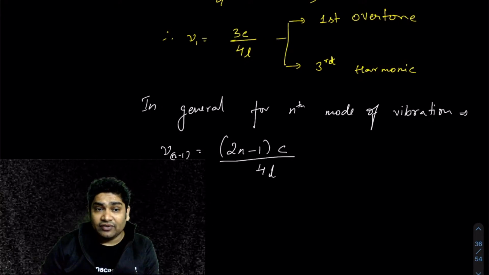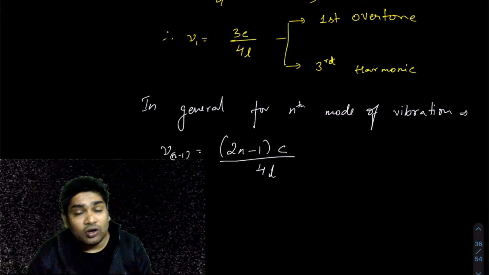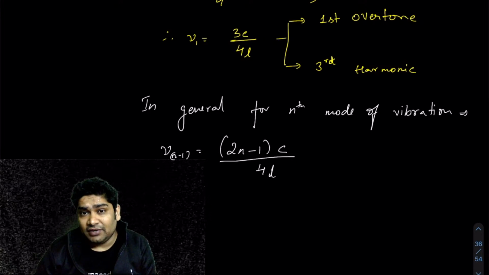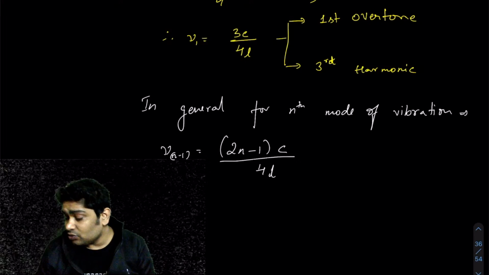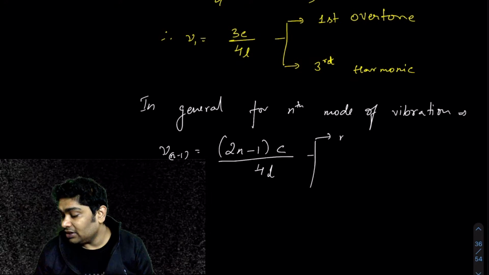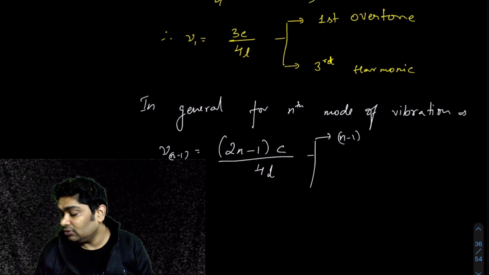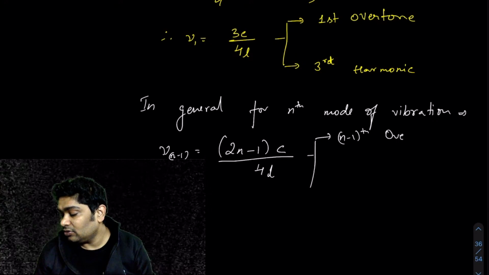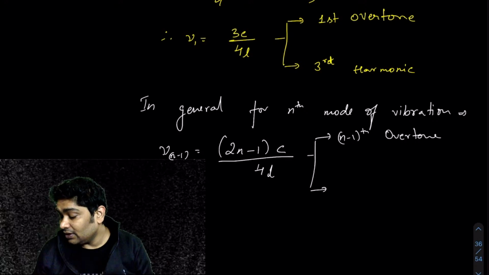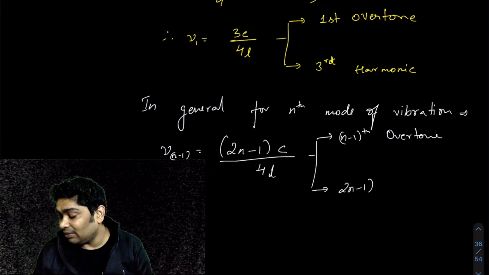Okay, this is how the frequency of any nth mode of vibration can be calculated. So first mode of vibration n equals 1, second mode of vibration n equals 2, and so on. And now this is called the (n minus 1)th overtone and also called the (2n minus 1)th harmonic.